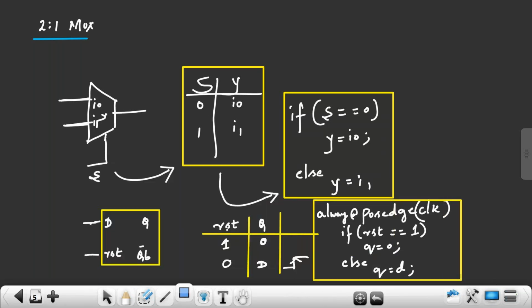If I ask you to write the internal structure of a D flip flop using basic gates, how many can you write in this classroom or in this meeting? How many can write the internal structure of a D flip flop using AND gate, OR gate? That was part of your digital syllabus.